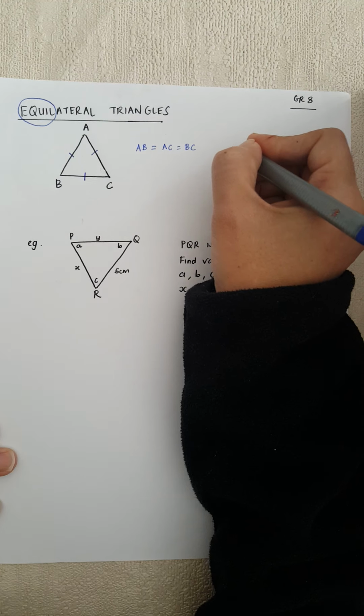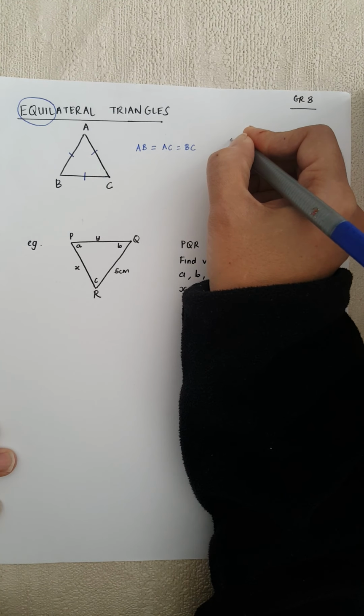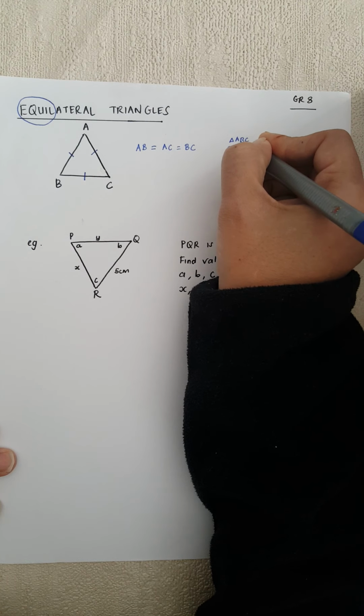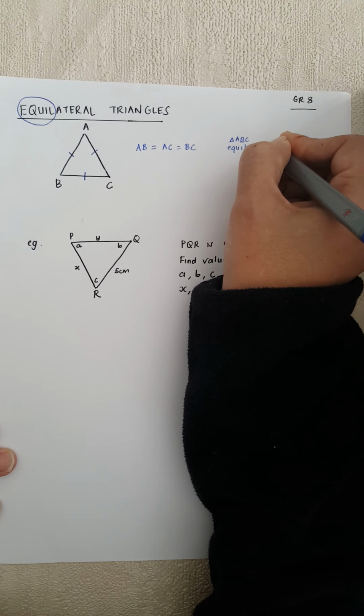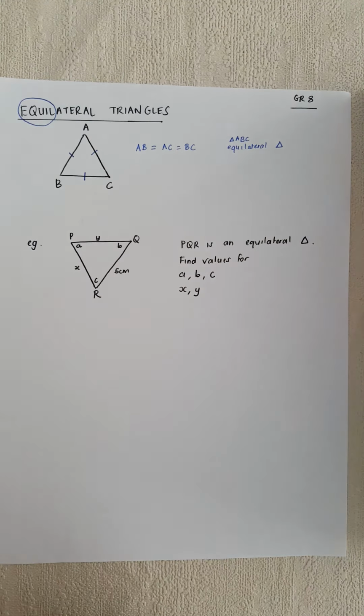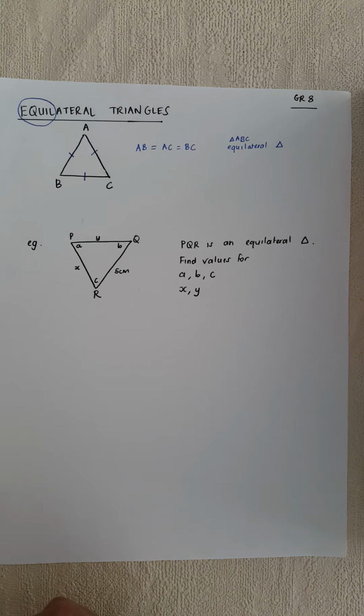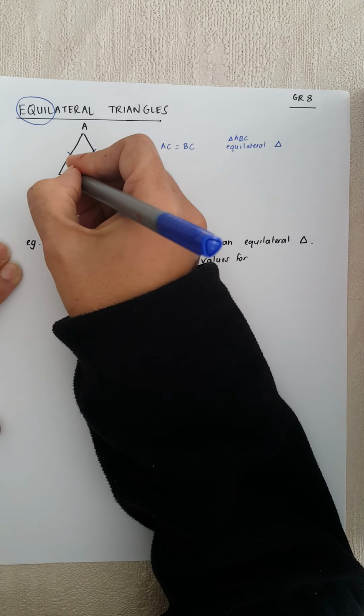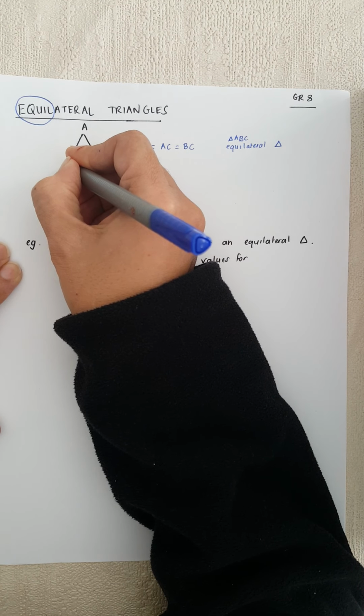And what's my reason? Triangle ABC is an equilateral triangle. Okay, so that's also a theorem and a statement and a reason. And then there's one more thing.